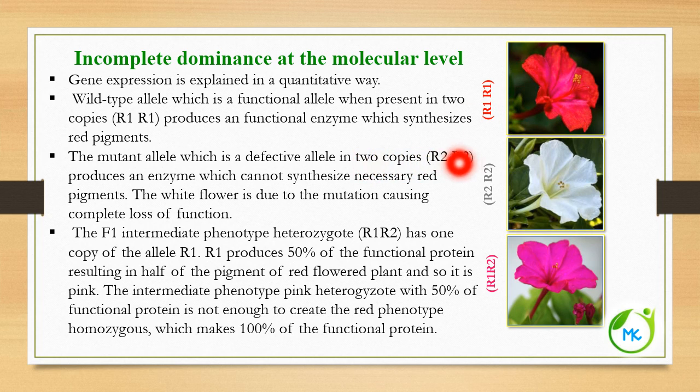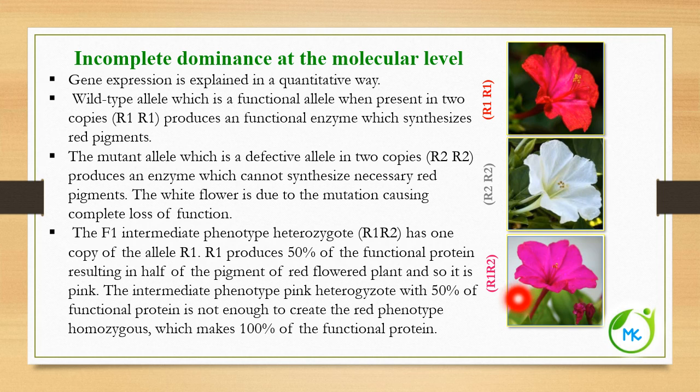And the mutant allele, due to genetic mutation: when 2 copies of R2 are found, the enzyme cannot be produced, so there is no pigment, hence the flower color is white. In the case of the F1 intermediate phenotype, that is the heterozygote R1R2, it has 1 copy of R1.